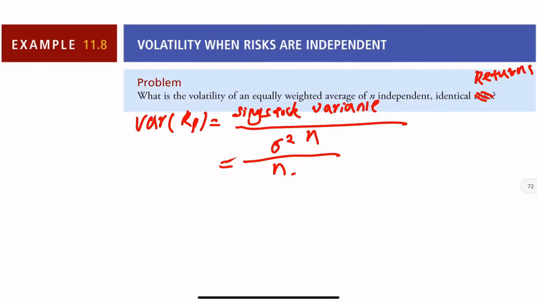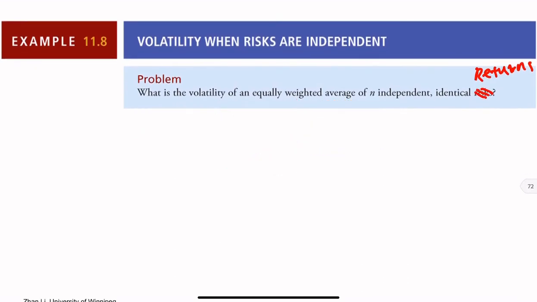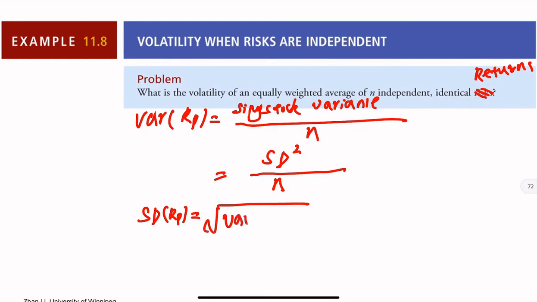Okay. Let me remove these fancy letters. Let's call this standard deviation squared because we know standard deviation squared means variance, divided by n, right? So the standard deviation of the portfolio return by definition is the square root of variance of this portfolio return, which is the square root of standard deviation squared divided by n.